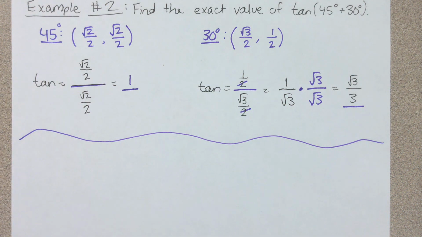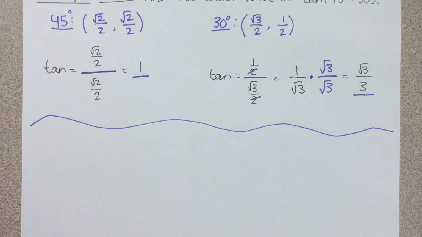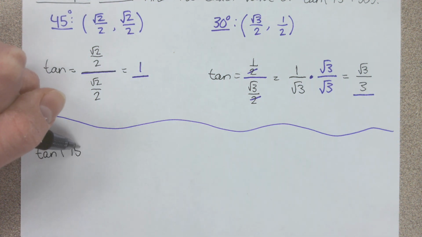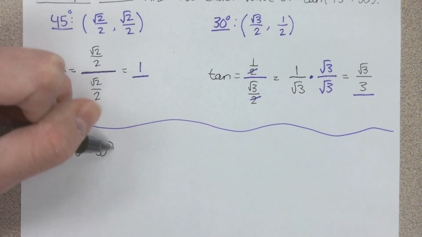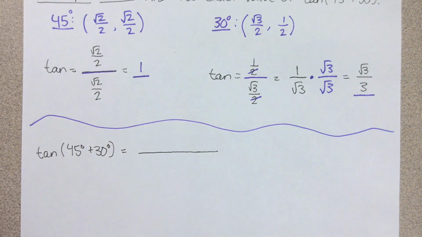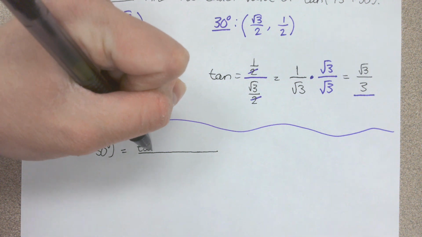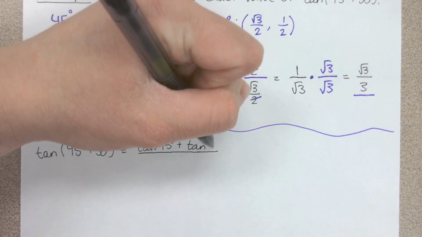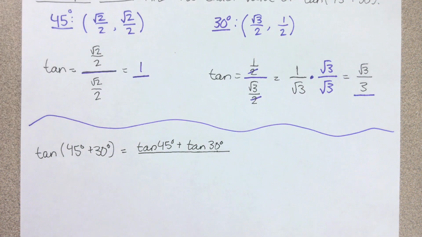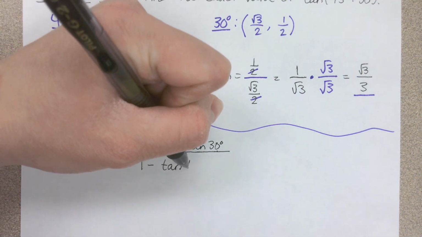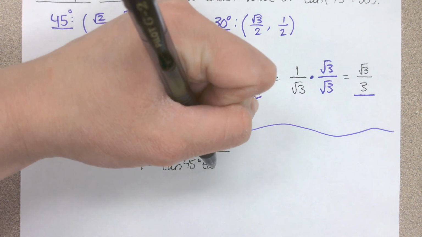Now we can expand. Tangent of 45 degrees plus 30 degrees equals tangent of 45 degrees plus tangent of 30 degrees over 1 minus tangent of 45 degrees, tangent of 30 degrees.